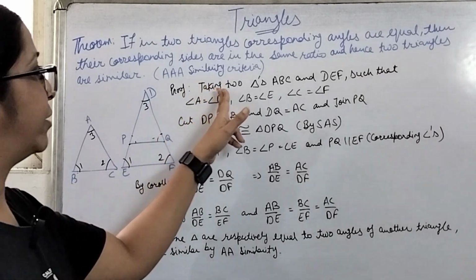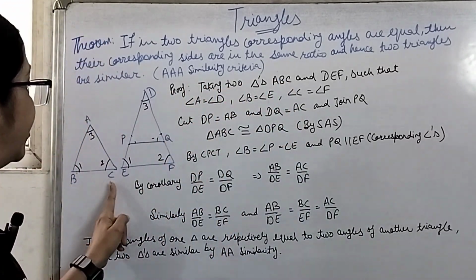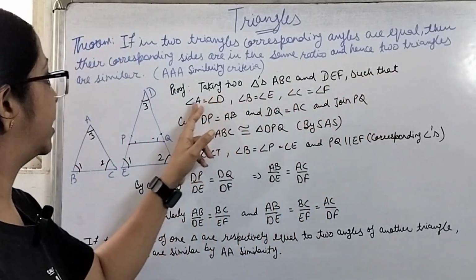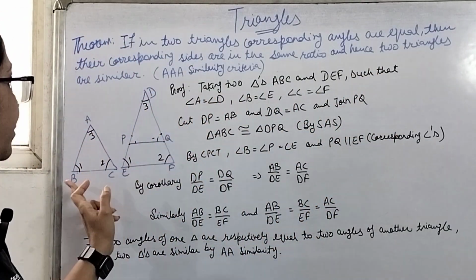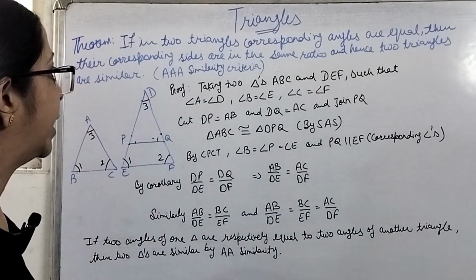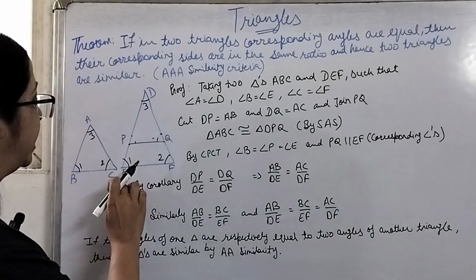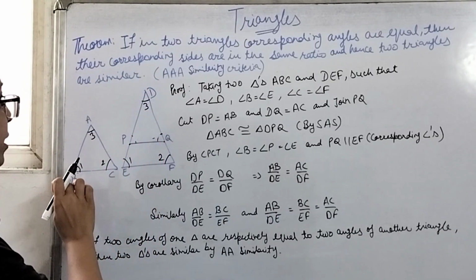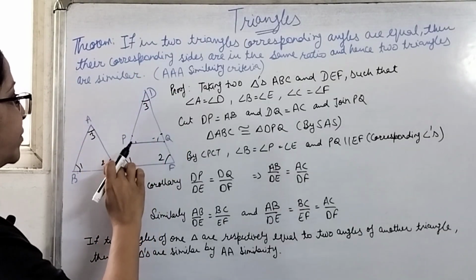That means we have taken two triangles, ABC and DEF, such that angle A equals angle D, angle B equals angle E and angle C equals angle F. Now what we have done is, we have cut DE and DF such that DP is equal to AB and DQ is equal to AC.